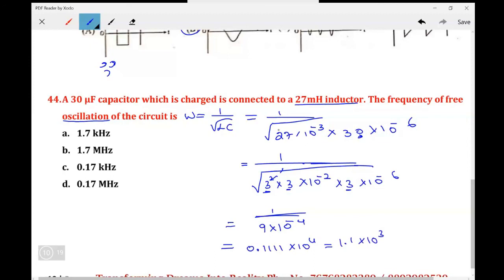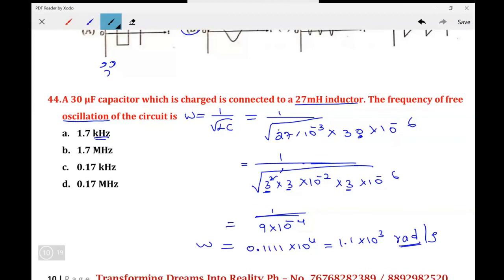This is omega, so you will express it in rad per second. But look at the answer here. The answer is not in radians, but in hertz. You are supposed to convert this from radians into hertz in order to complete your final answer.